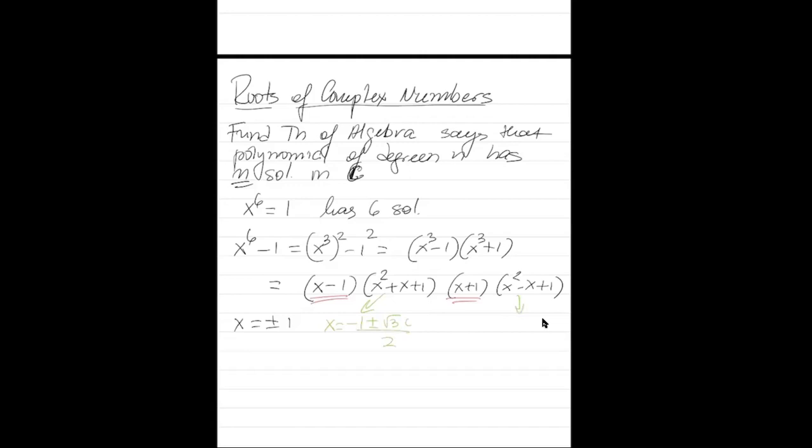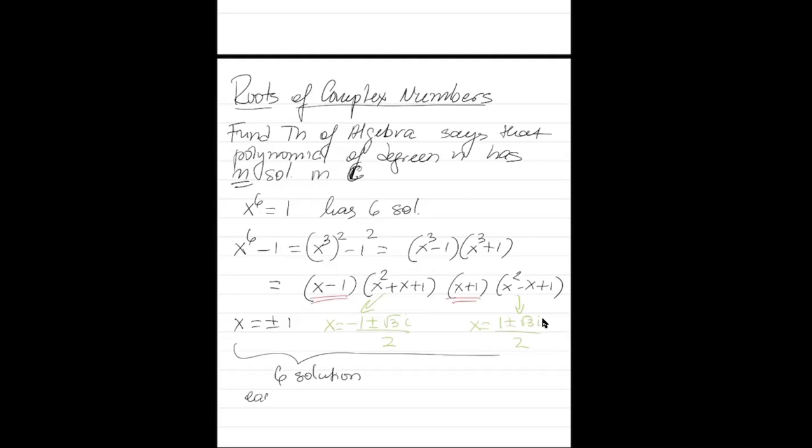And for the other one, quadratic formula again, so it's going to be 1 plus or minus root 3 i over 2. So how many do we have? A total of 6. So we have 6 solutions, 2 real and 4 imaginary.